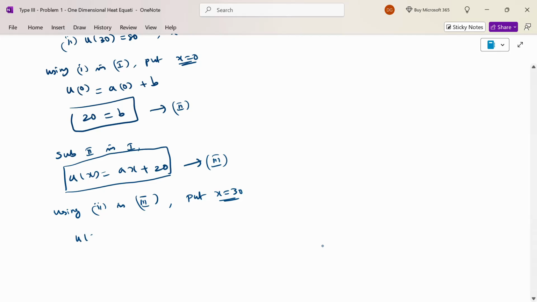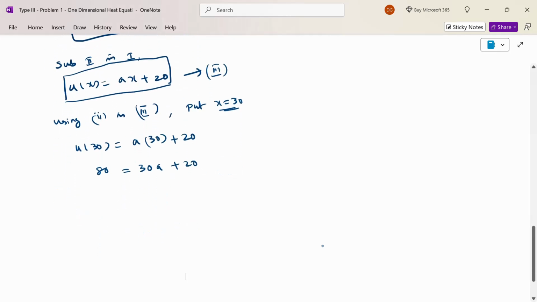Therefore u of 30 equal to a into 30 plus 20. The value of u of 30 is 80 degrees Celsius, so 80 equals 30a plus 20. From this equation, moving 20 to the left hand side, 80 minus 20 equals 30a.